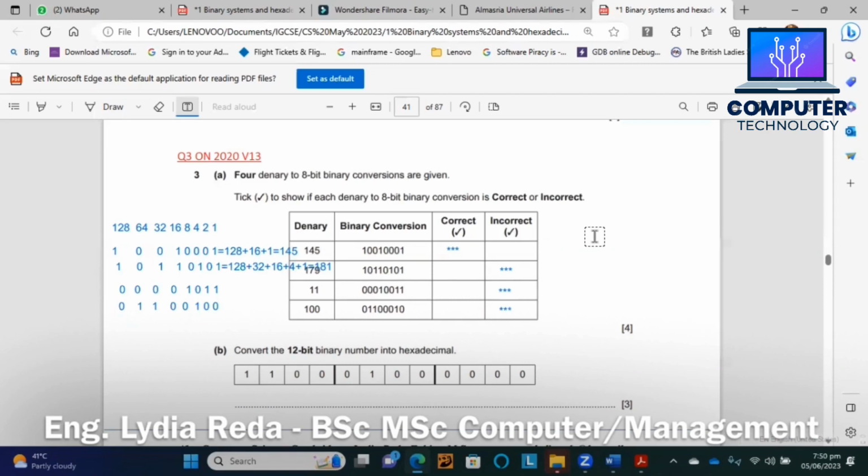So again, this is the way the question comes. If you look at question B, that we will not solve because it converts the 12-bit binary into hexadecimal. Hexadecimal is another numbering system with a base of 16. Don't get scared, it's an easy system as well.